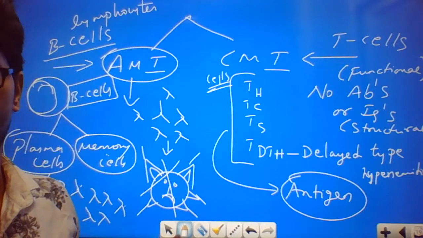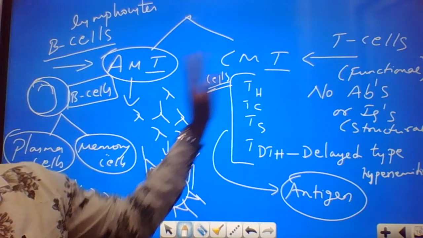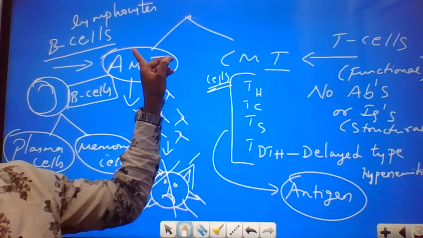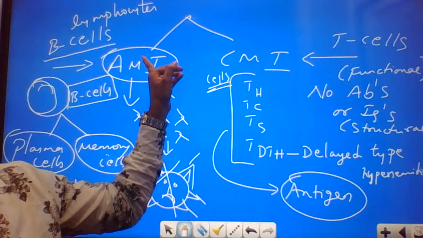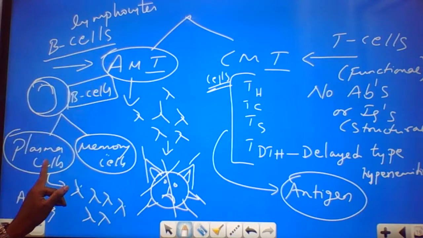But when T lymphocytes and B lymphocytes are both given, you need to select only the B lymphocytes, because B lymphocytes produce plasma cells. And what do plasma cells produce? They produce your immunoglobulins or antibodies.